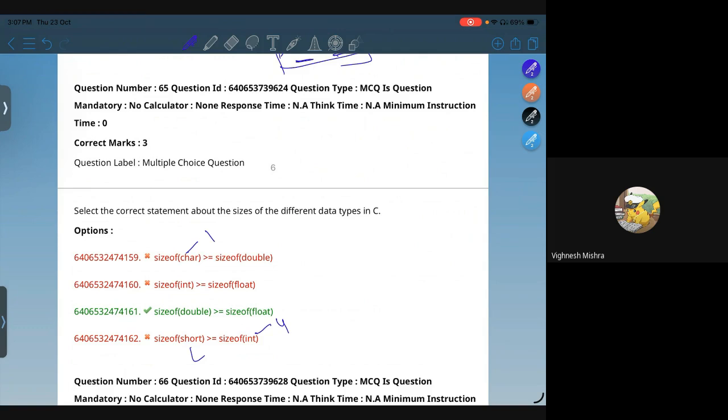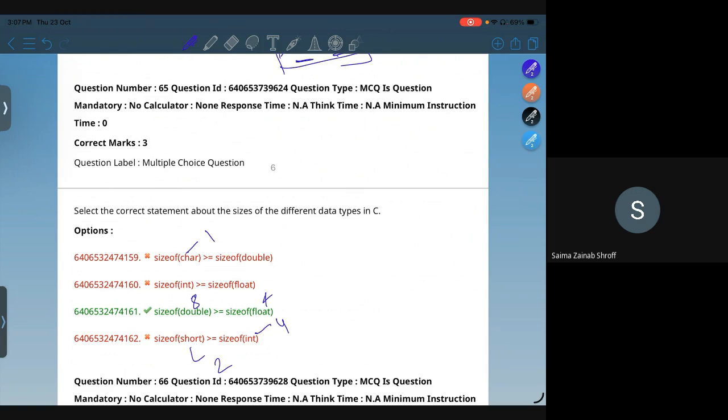Short is 2. Double is 8, I think. And float is, I guess, 4.